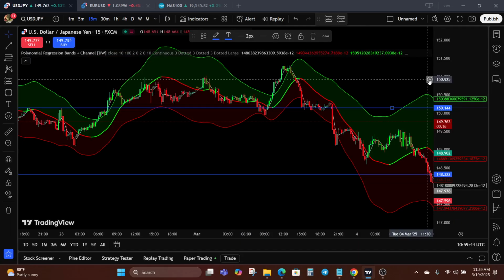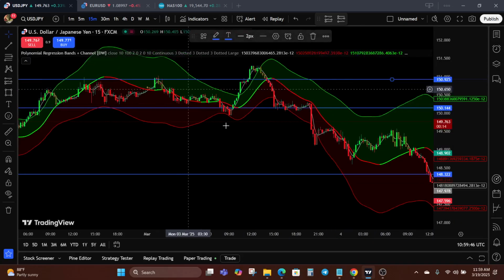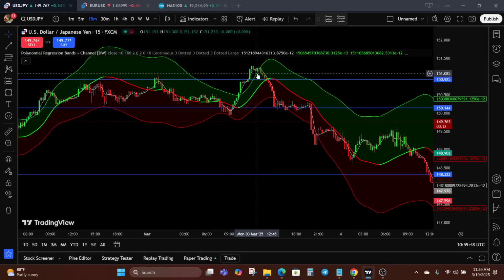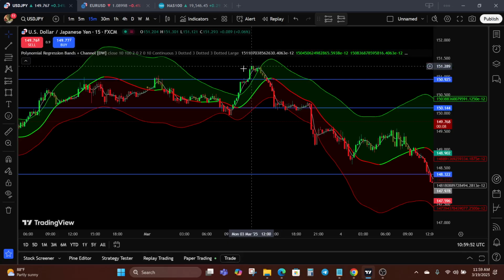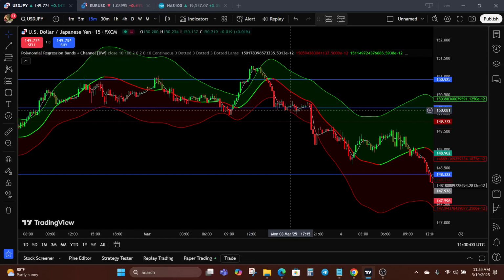It looked as if there was a false breakout here. That's the reason why it's good to get confirmation. There was a breakout, but there was no retest, because after the breakout, price dropped back down.